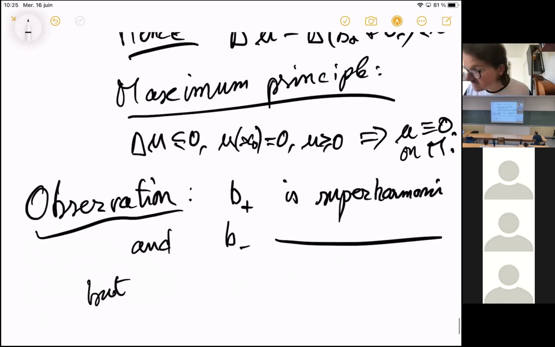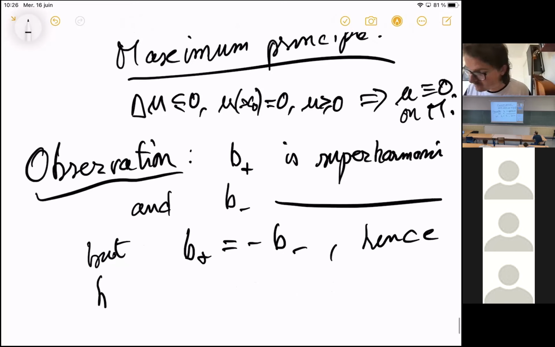But since U is equal to 0, B plus is equal to minus B minus, and B plus is a harmonic function.